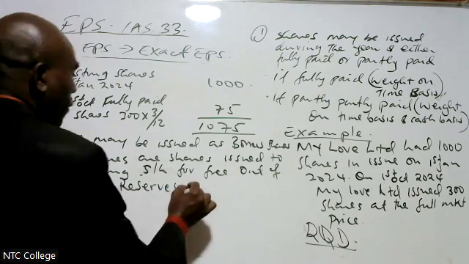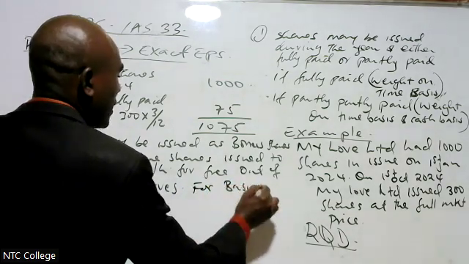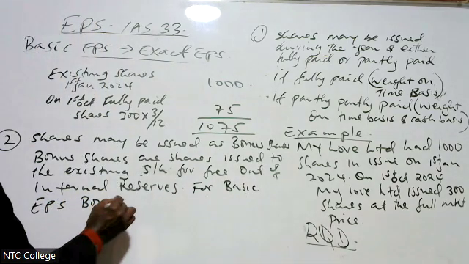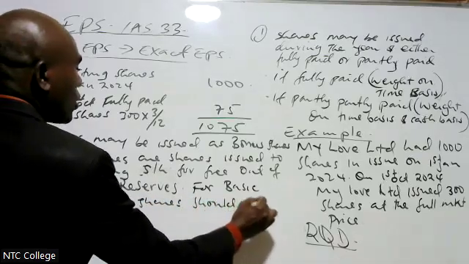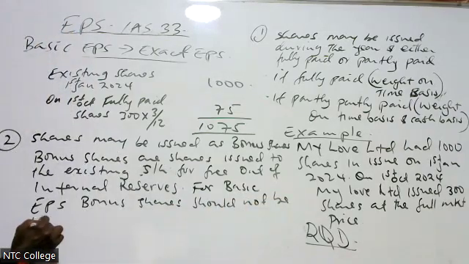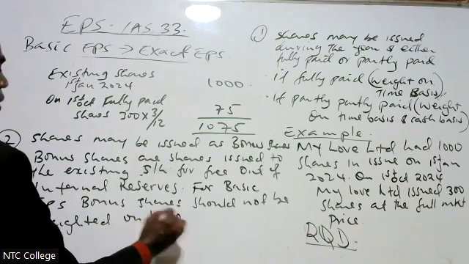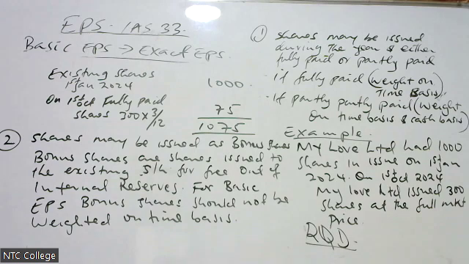For basic EPS, bonus shares should not be weighted on time basis. Why? Because there are no new funds coming to the company.